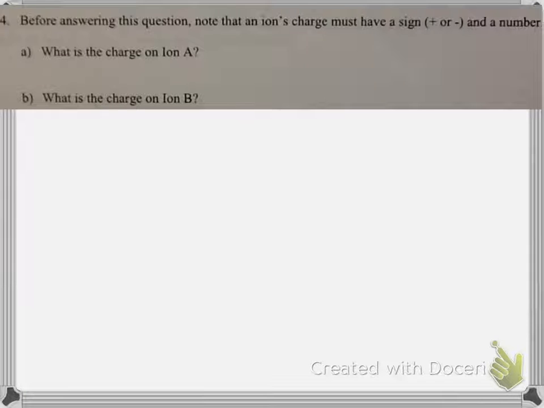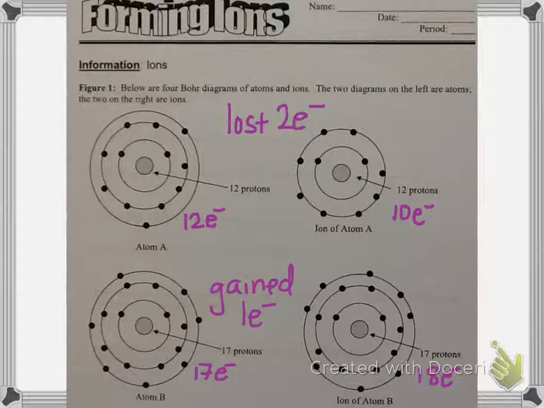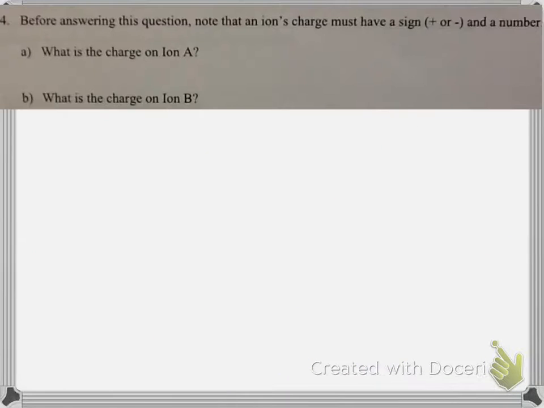Question number 4. Before answering this question, note that an ion's charge must have a sign of plus or minus and a number. Letter A, what is the charge of ion A? So we said that ion A has 12 protons and 10 electrons.